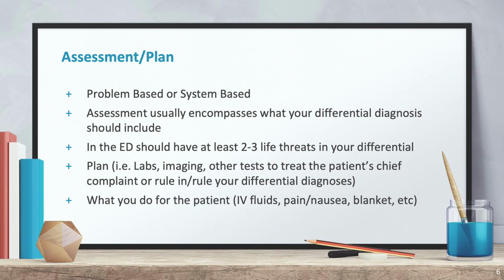Even something as small as a blanket or a cup of water if you don't think that they're going to need surgery. Whereas there's other things that you do for yourself as the doctor. And a lot of those things are a CBC or a BMP or a troponin, an EKG, chest x-ray, those types of things if they're talking about chest pain. But just make sure that when you do order those tests that you actually think through what you're ordering. And I'll talk about that in my next presentation.